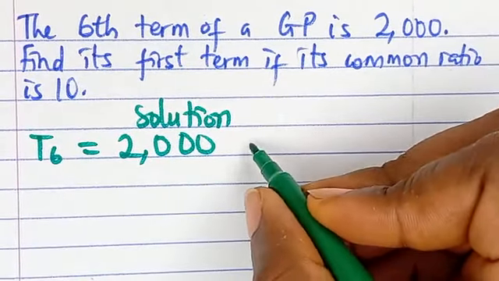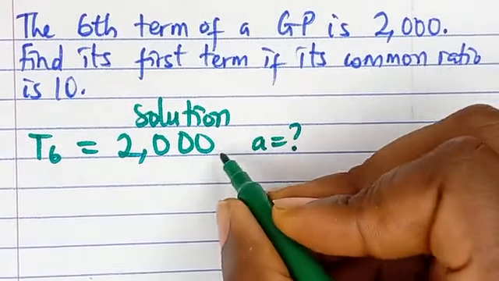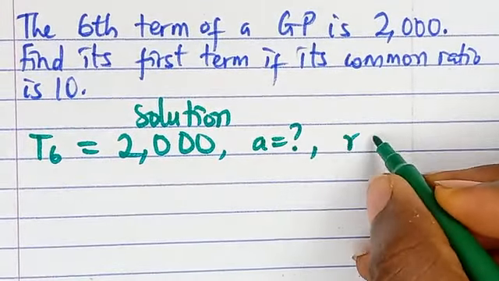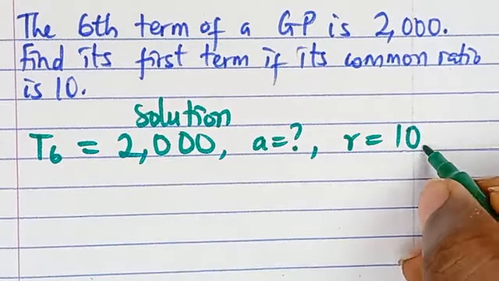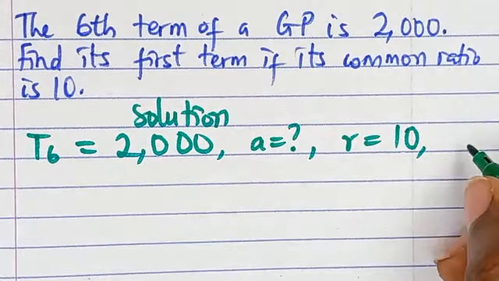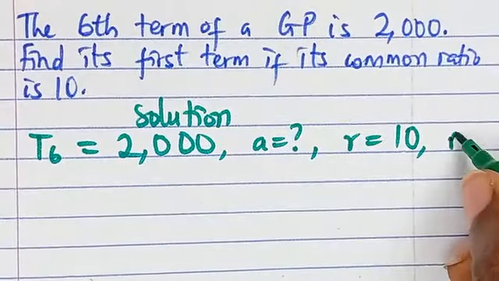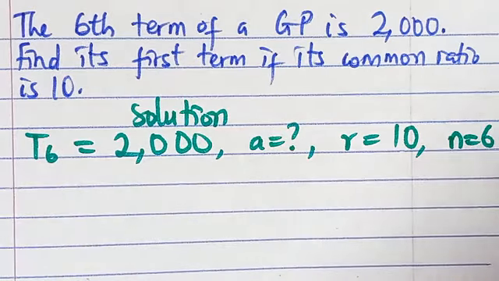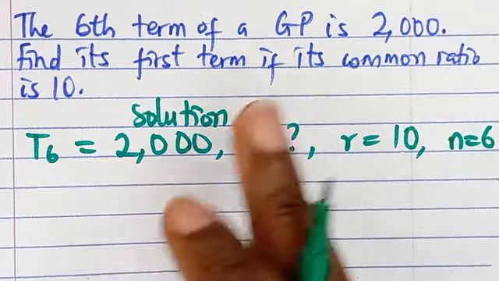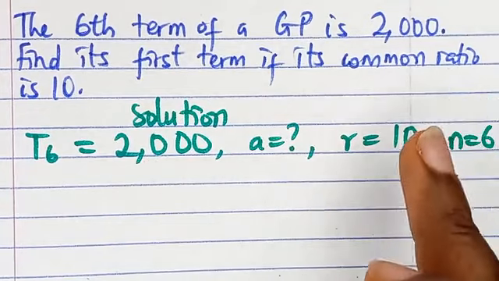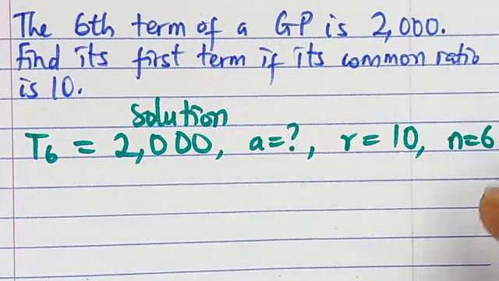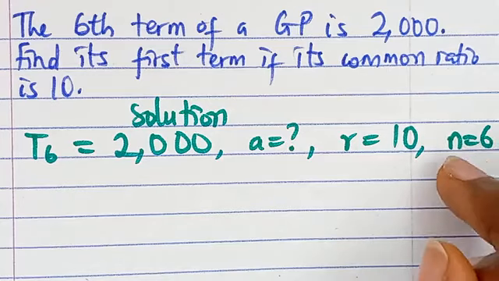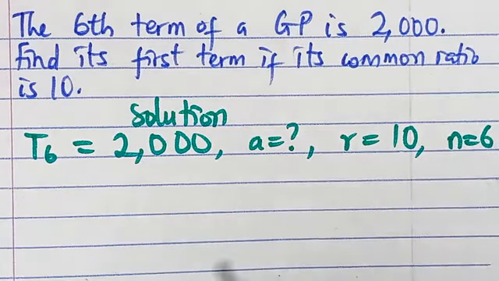Find its first term. So we are looking for A, the first term, if its common ratio R is 10. So remember, T number 6 means the position n is equal to 6. So we've written out all the parameters we are given. The sixth term is 2000, we are looking for the first term, and the common ratio is 10. Since it's the sixth term, the n, the position of the term, is 6.